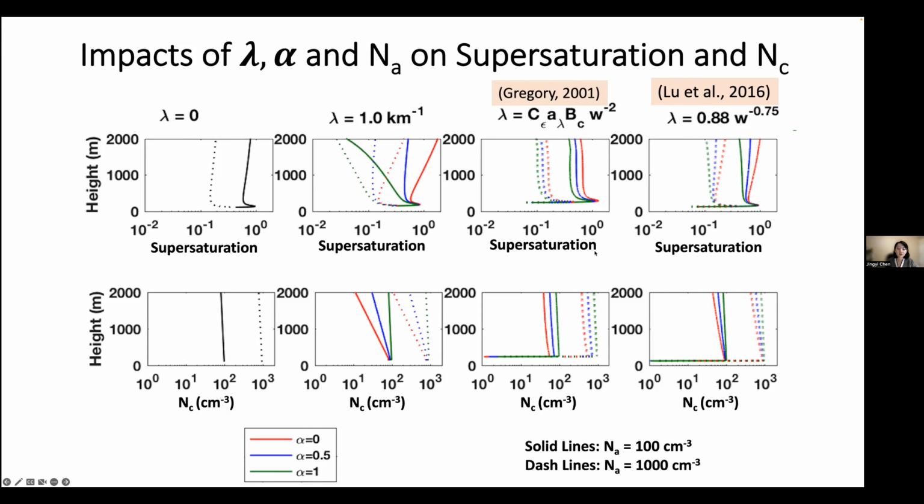When the supersaturation is different, it is not surprising that the droplet number concentration is different. With other factors similar, only by varying the entrained aerosols, we have droplet number concentration lines that are quite different for the different cases. Also, we see the relative dispersion in these bottom lines.